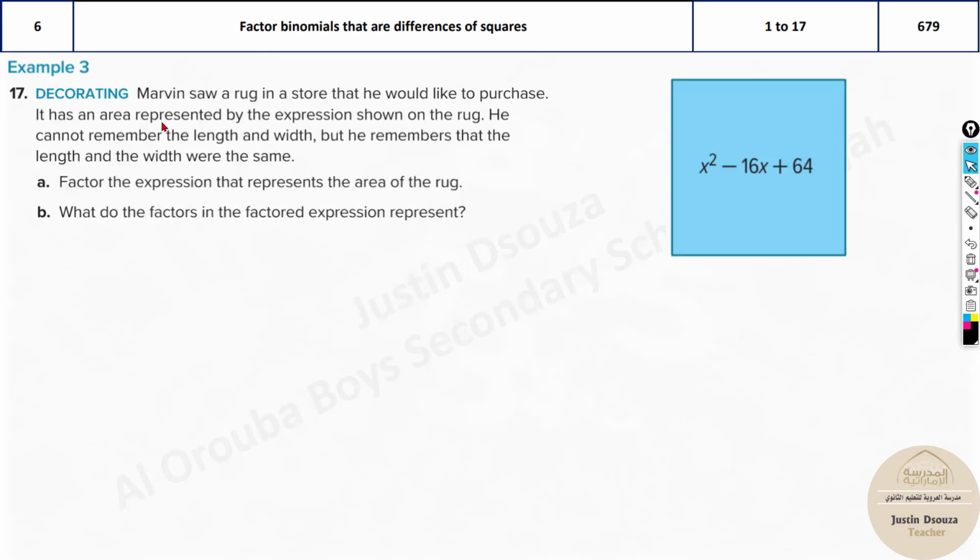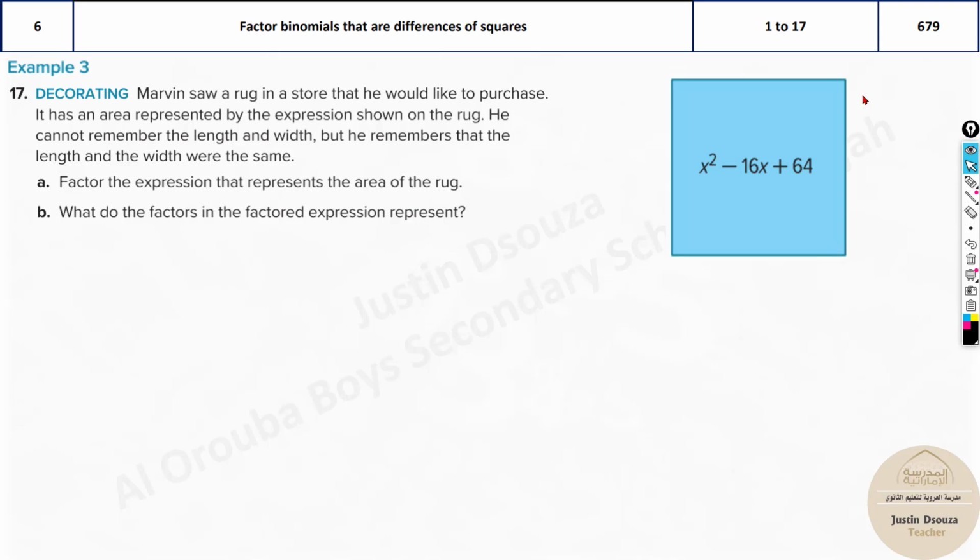Last one over here. Marvin saw a rug in a store that he would like to purchase. It has an area represented by the expression shown on the rug. He cannot remember the length and the width, but he remembers that the length and the width were the same. Okay. Factor the expression to represent the area of the rug.